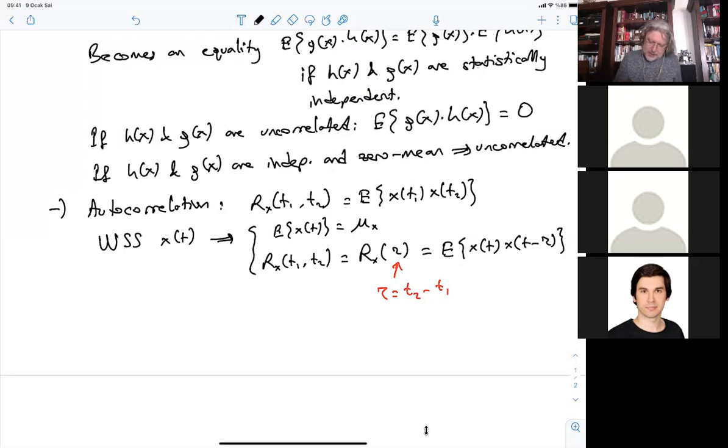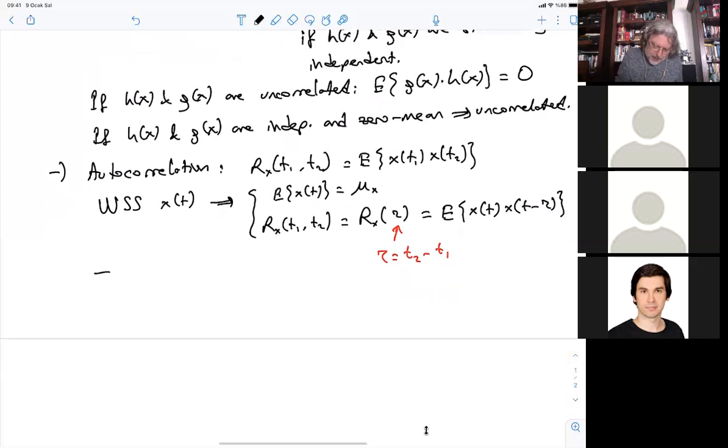For the wide-sense stationary process, we further have a few definitions. For example, Rx of 0 would correspond to expectation of x squared of t, because tau is 0. X of t times x of t is what you have, which is the mean squared power.